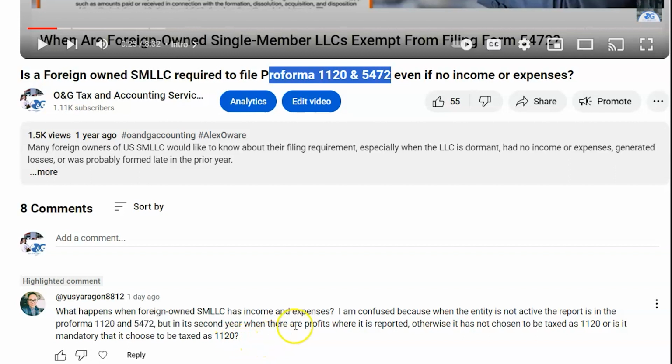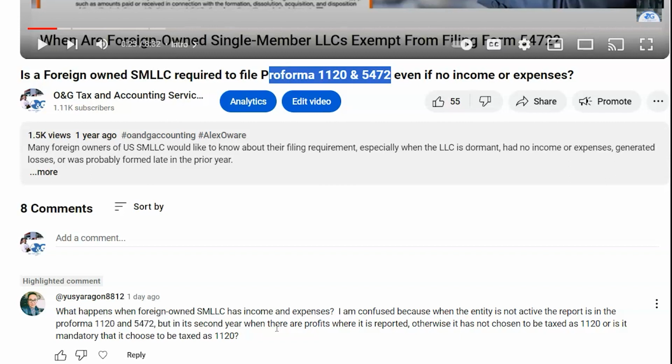You don't have to choose to be taxed as 1120 unless you intend to have your LLC subject to corporate taxes, which is 21%. And after the 21%, when you take money out, the rest of the money you take out is taxed as dividend, not distribution or draw, and you pay dividend taxes on it. But if your LLC has not elected to be a corporation, it is still regarded as a flow-through or disregarded entity.